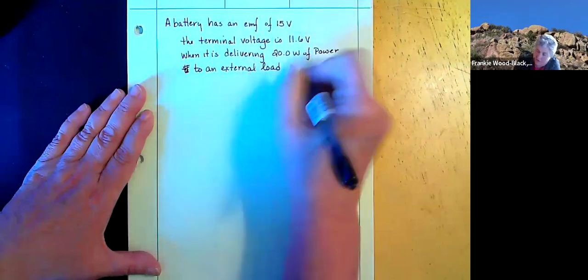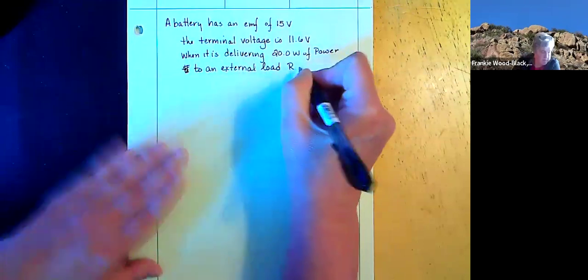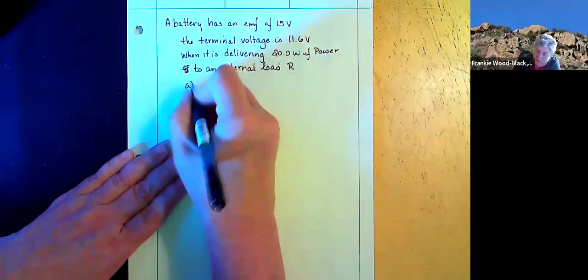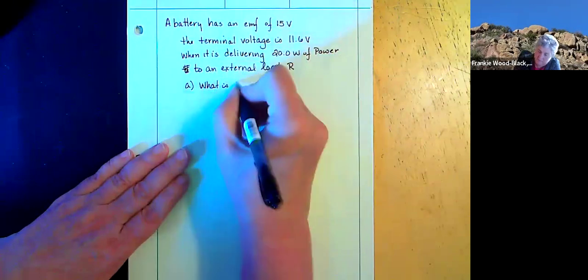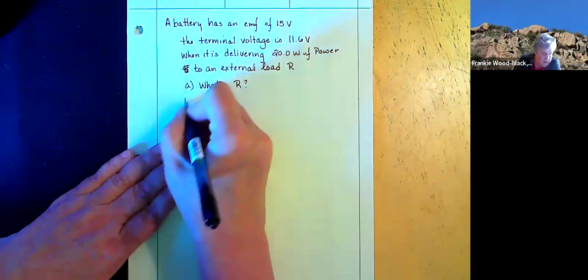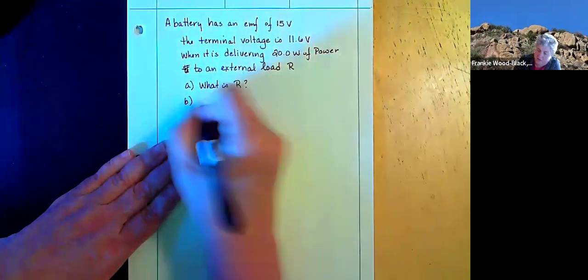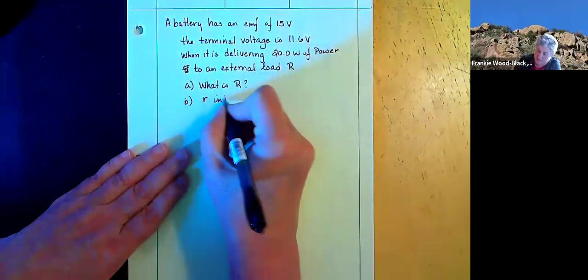And that external load is an external load of R. We want to know what is R, and we want to know what the internal resistance is.